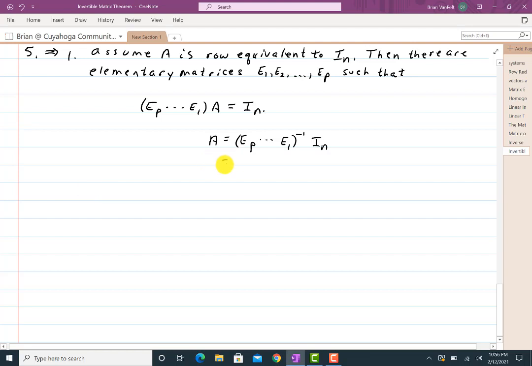Well, the IN doesn't matter. Now remember about these elementary matrices. They were invertible. Each and every one of them was invertible. I went through the effort of showing the inverse of each and every one of these elementary matrices. And you can also, if you want, you can do this. A inverse then is equal to EP ... E1.